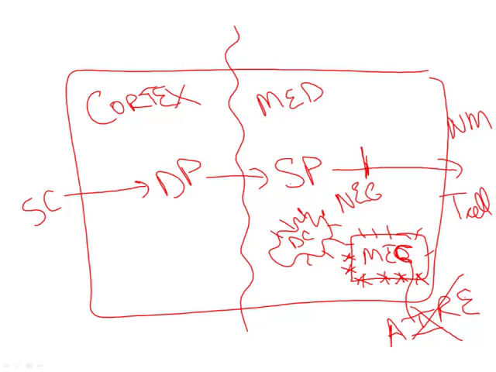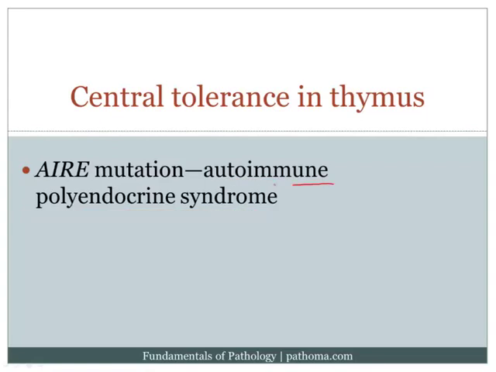Then lymphocytes that are generated against that subset will be able to escape out into the periphery, and we'll have self-reactive lymphocytes within the periphery. And that's what happens in this disorder called autoimmune polyendocrine syndrome. Patients have AIRE mutations, and so lymphocytes that are reactive to antigens that are dependent upon AIRE will be able to escape, and in particular these patients develop autoimmunity that destroys endocrine glands.